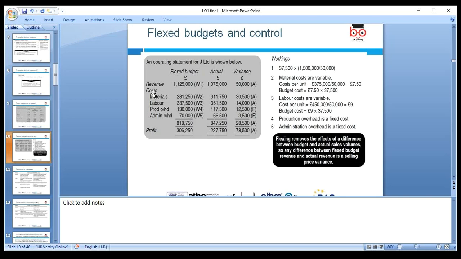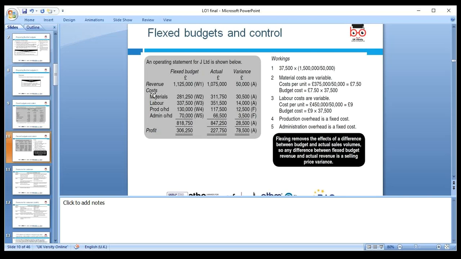1,075,000. So there is a difference, because my revenue should be 1,125,000 according to 37,500 units, but actually it is 1,075,000. So there is an adverse variance. Why is it adverse?